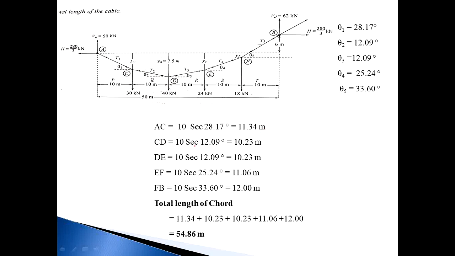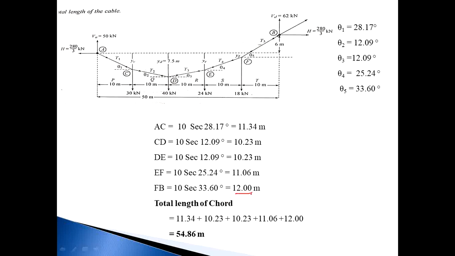For CD, 10 sec theta 2, and the CD becomes 10.23. For DE, 10 sec theta 3, this DE becomes 10.23. The EF is 10 sec theta 4, and putting theta 4, EF is equal to 11.06, and FB is equal to 10 sec theta 5.